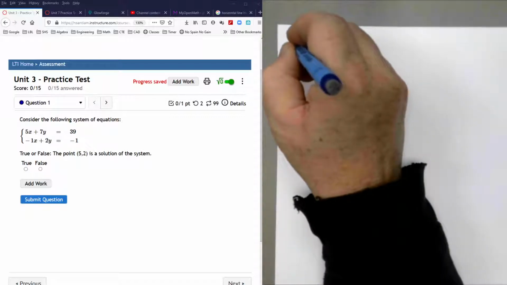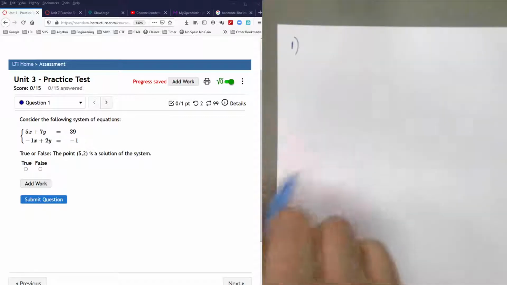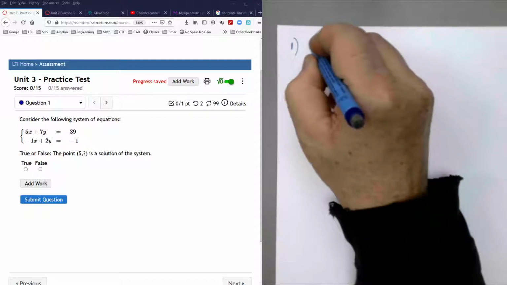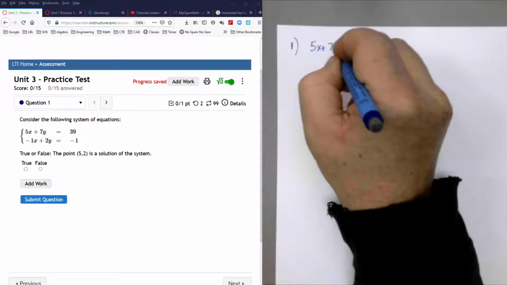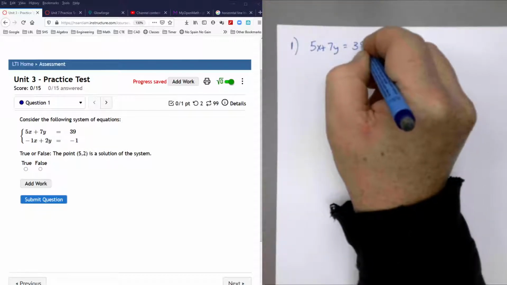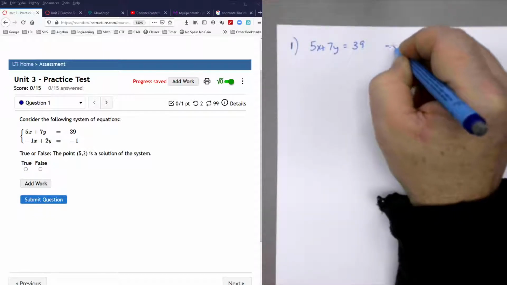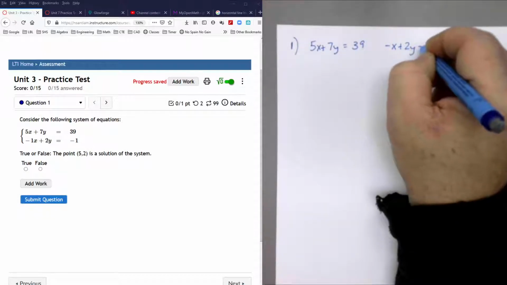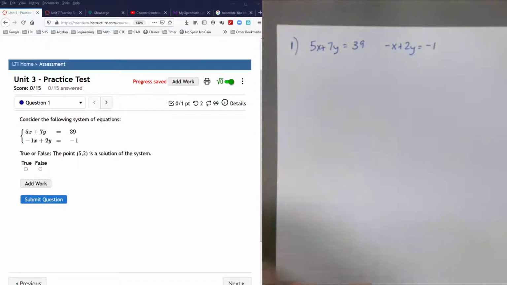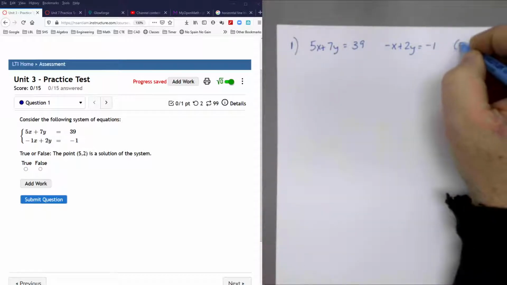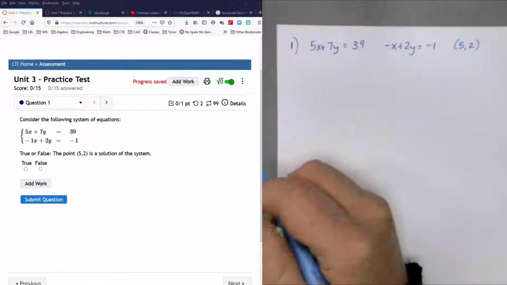So for question 1, they give us these two equations, 5x plus 7y equals 39, and negative x plus 2y is equal to negative 1. And then they give us this point (5, 2), and they want to know if this is a solution.